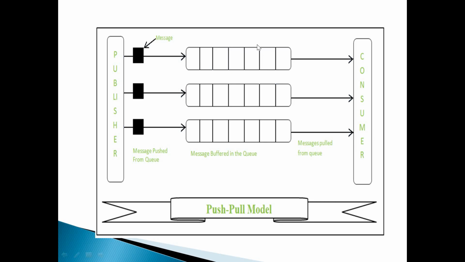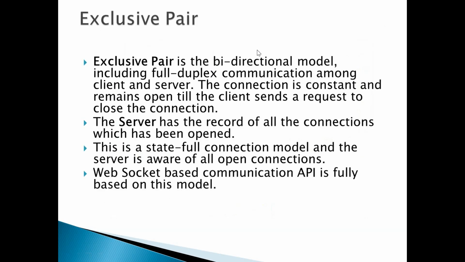After that, the consumers on the opposite side pull the information from the queue. The queue in the middle is responsible for the message handling. The publisher publishes the message in the queue, and the consumers can retrieve or pull the information from that queue.